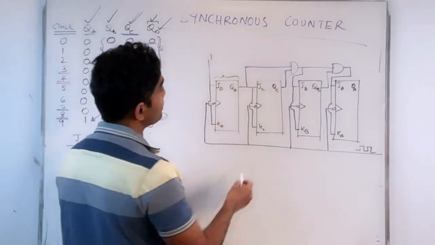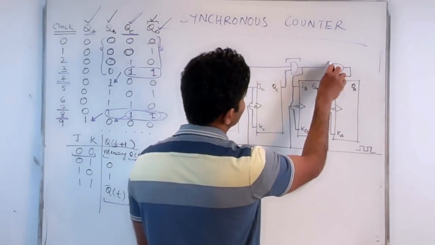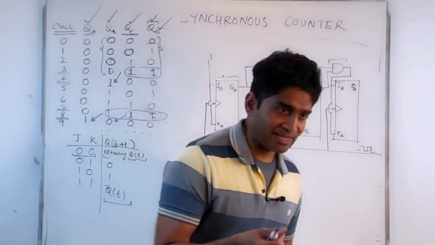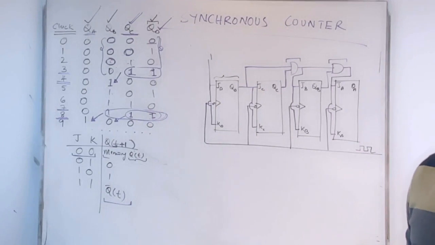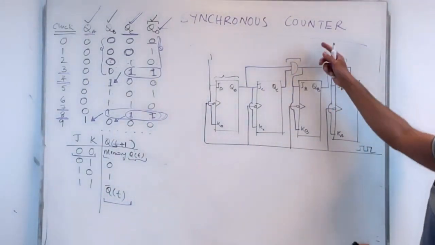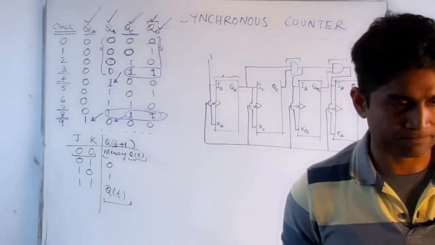The only delays I have to worry about are the delays of these individual gates, which are going to be significantly less, and they're not going to be added up in this case. So that's a 4-bit counter. The delays will still add up, but again, not at the same pace as you would find for the ripple counter. Does that make sense?